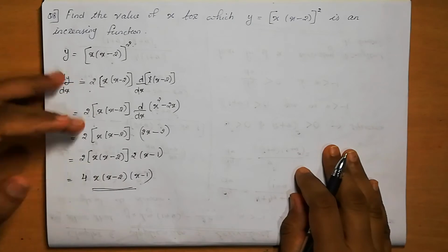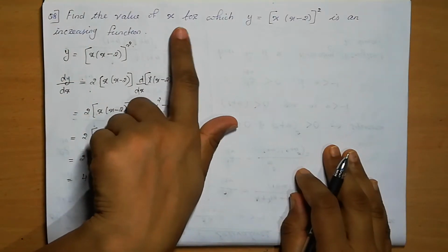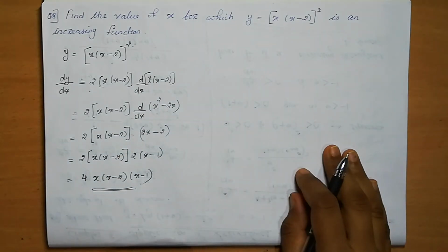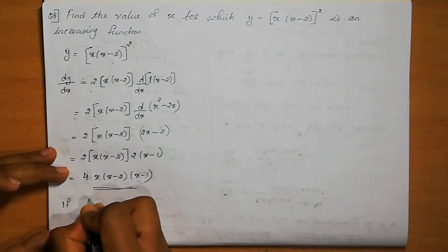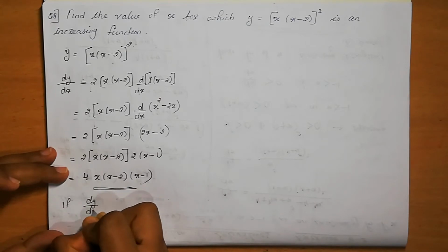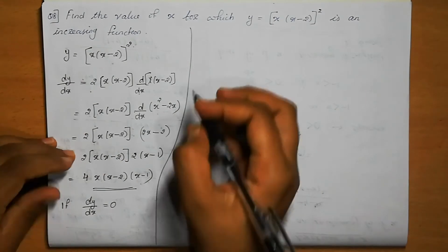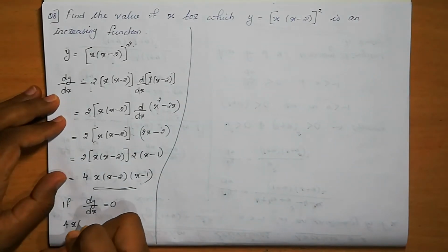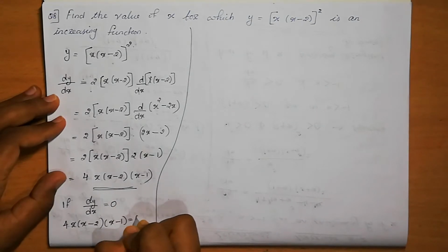So here it is given the function is increasing. We need to find the value of x. So the condition is we are going to find the value of x. How we can find? If f dash x, that means dy by dx equal to 0, we can find the value of x, right? So 4 into x into (x minus 2) into (x minus 1) equal to 0.